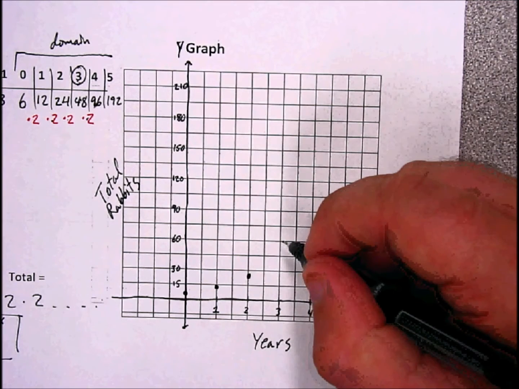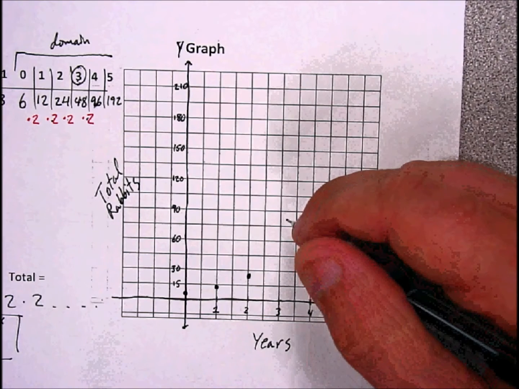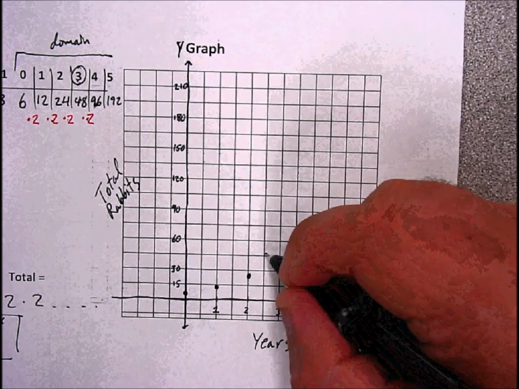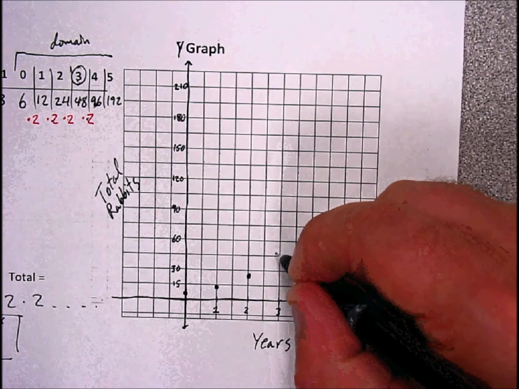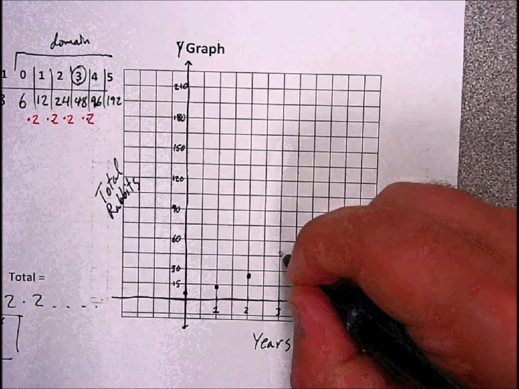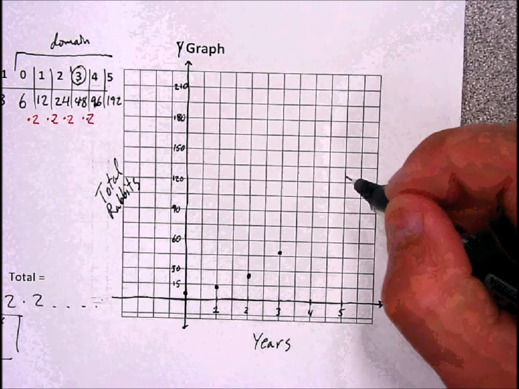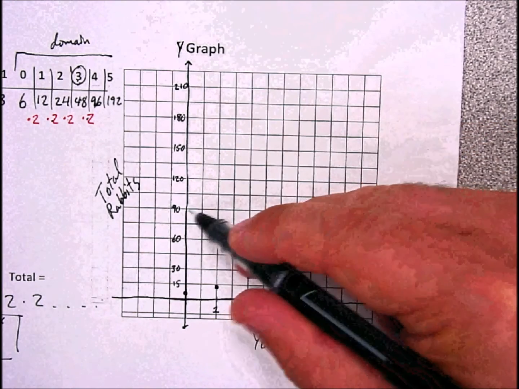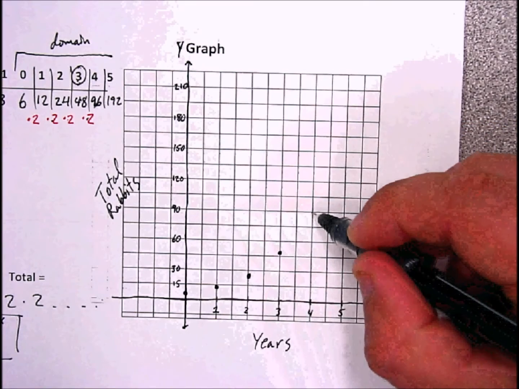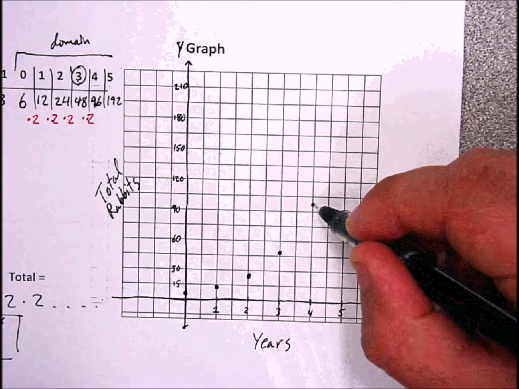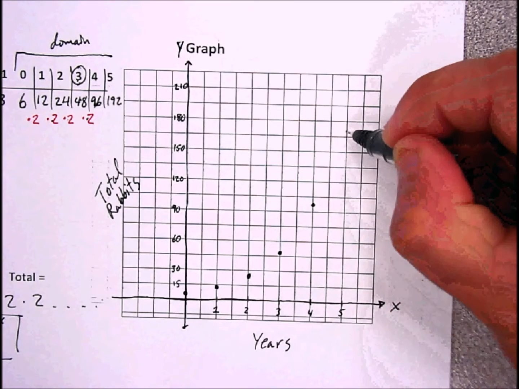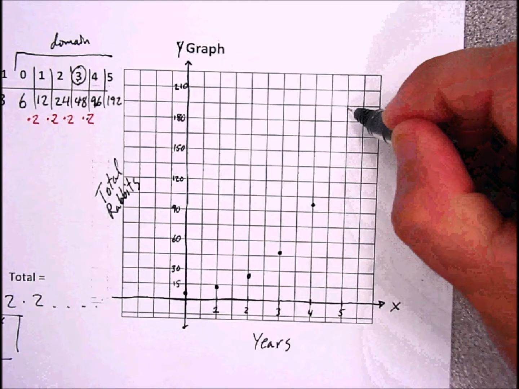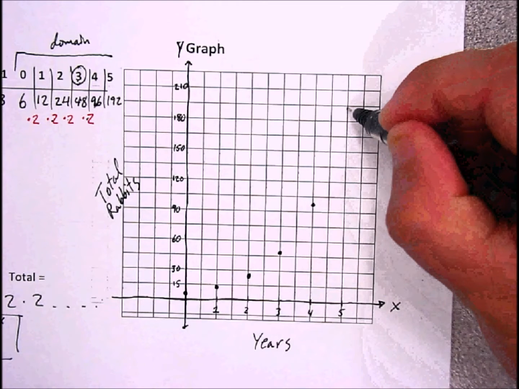At 3 years, I'm at 48. So we'll put that just right about here. At 4 years, I'm at 96. So we'll go up here. Here's 90. Here's 4. It's going to be a little higher than that. And at 5 years, I'm at 192, which is going to be right about here.